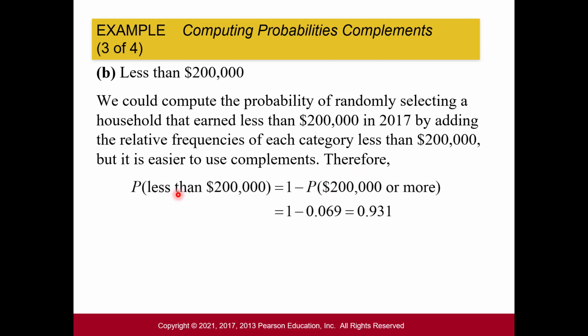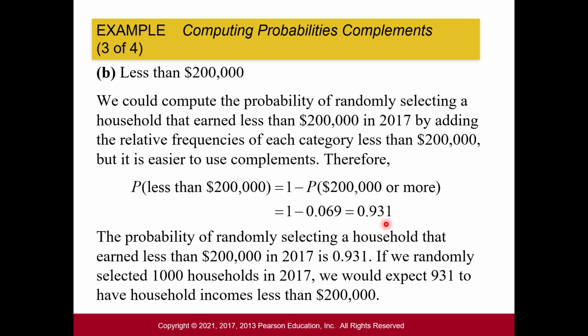So the probability of less than 200,000 is 1 minus the probability of 200,000 or more, which we just figured out was 0.069. And so the probability of earning less than $200,000 was about 93.1%. Another way to say this is if we randomly selected 1,000 households, we could expect 931 of them to have household incomes less than 200,000.